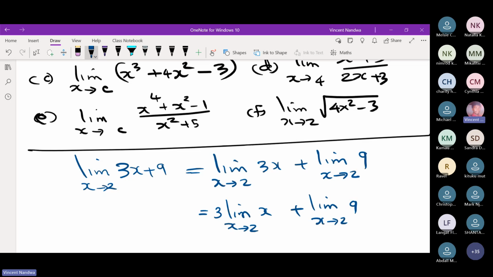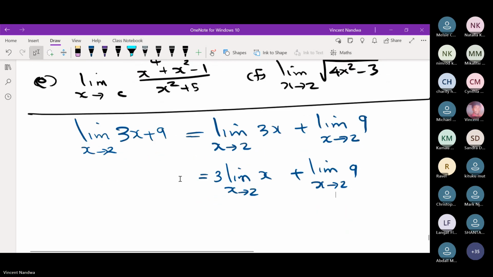Now, when you say limit as x approaches 2 of x, it simply means: what is the value of the function as x gets closer and closer to 2, or is exactly at 2 itself. So simply substitute directly. This will be 3 times 2 when you replace x with 2. Then what is limit as x approaches 2 of 9? 9, because it is a constant.